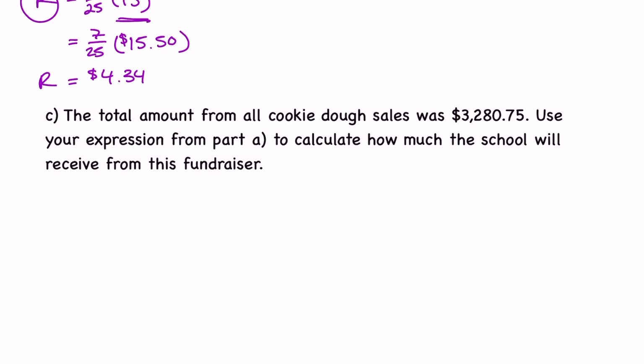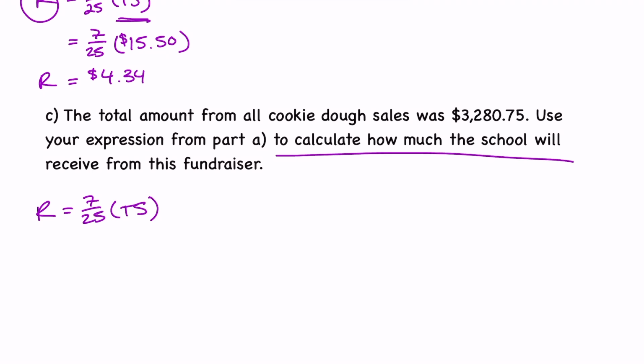Part C says the total amount from all cookie dough sales was $3,280.75. Use your expression from Part A to calculate how much the school will receive from this fundraiser. This question is identical to Part B. We have the amount the school receives is equal to 7 over 25 times the total sales.